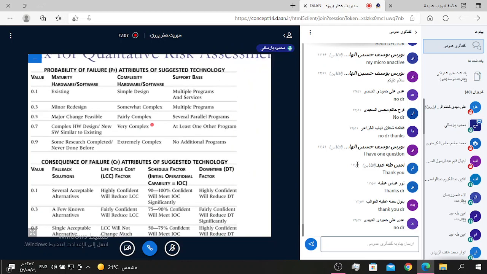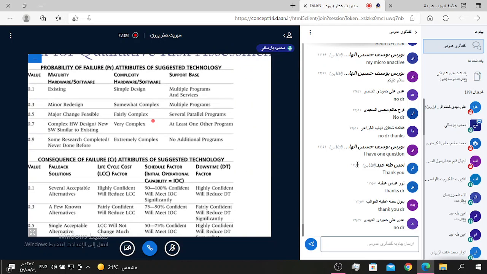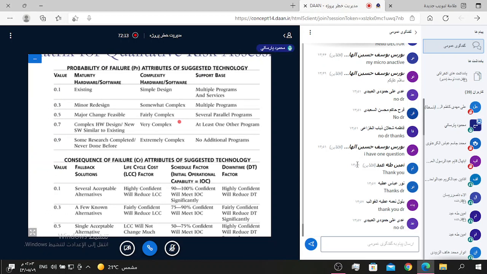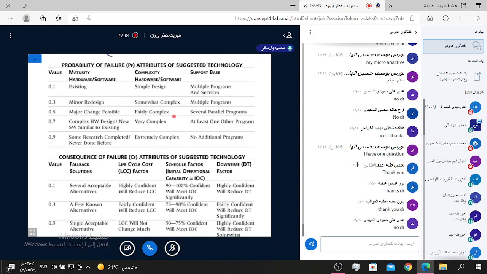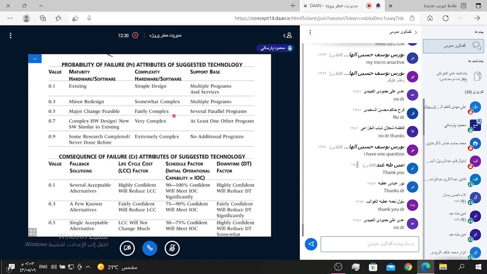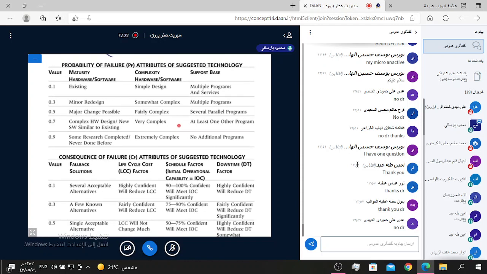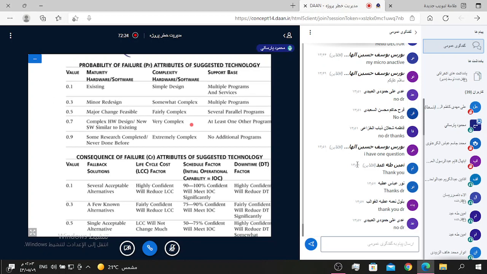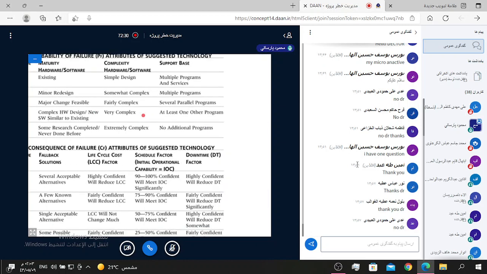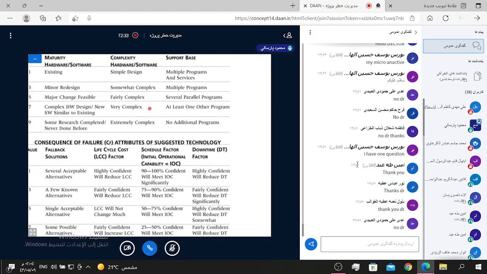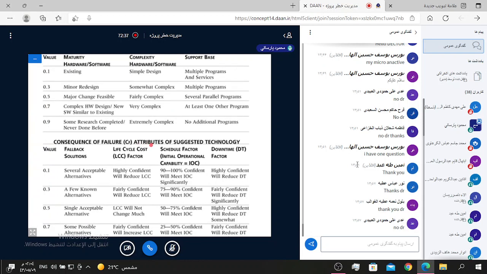This is an example. Or for support base, by probability 0.1 is multiple programs and services, or for the probability of 90% or 0.4 for the number of probability, there are no additional programs.